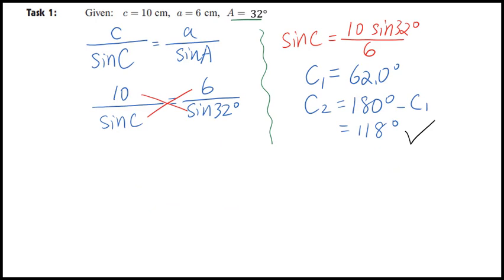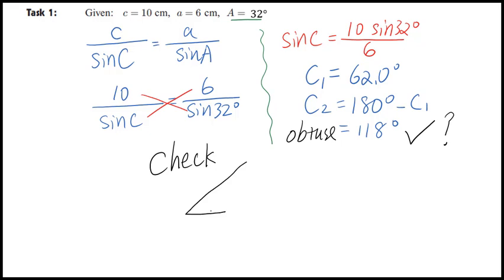After you got this C2, you need to check whether it exists or not. So how to check? First of all, we know C2 is an obtuse angle. Then we will draw a triangle with an obtuse angle C. So given angle is A. This is A. Then connect this so that you can form this C2.